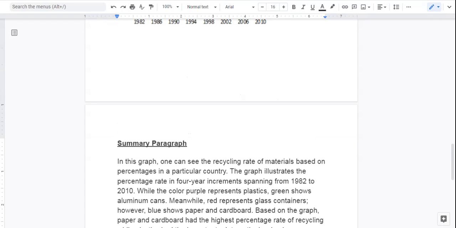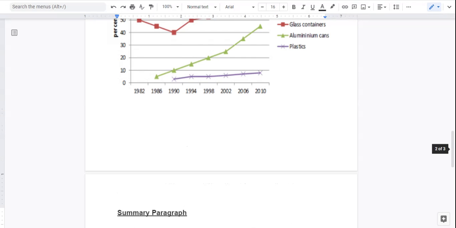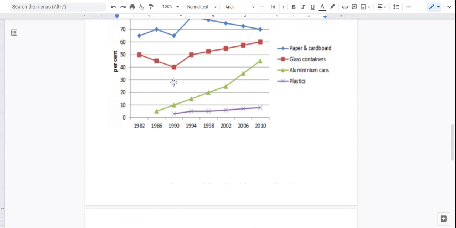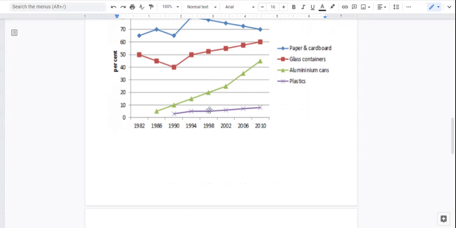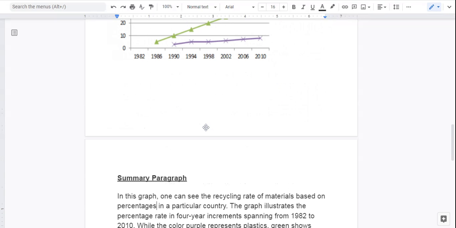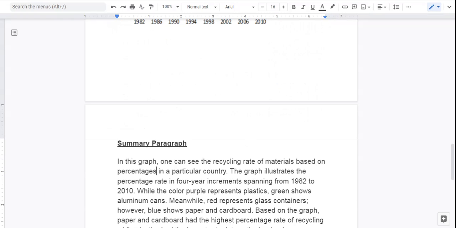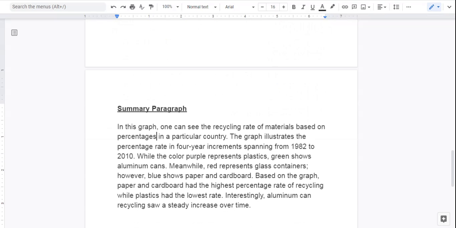Based on the graph, paper and cardboard had the highest percentage of recycling. And maybe I should be specific, the recycling rate basically was over 60, upwards of 80%. So I can say between 60 and 80%. Let's be a little bit more specific.